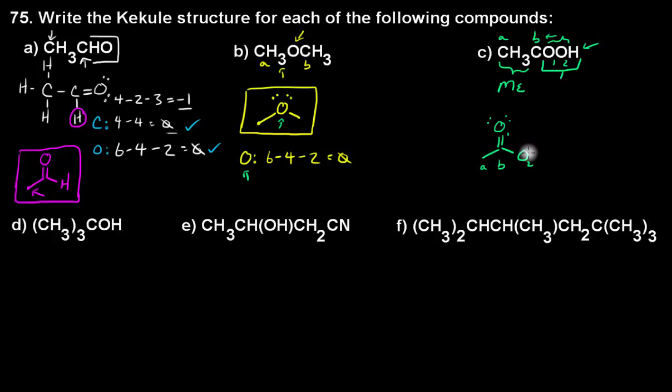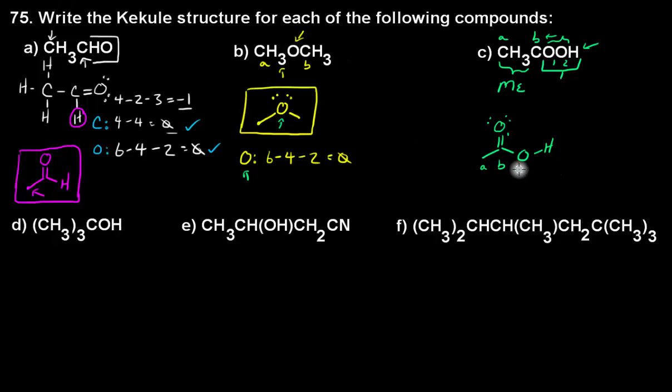So instead of having 2 lone pairs, we're going to have 1 lone pair taken up right here, and another lone pair taken up right here. And now, instead of having a double bond between an oxygen and a carbon, we're going to use 1 single bond between this oxygen and the carbon, and the other single bond between this oxygen and this hydrogen. Okay, so now we've got our overall molecule constructed.